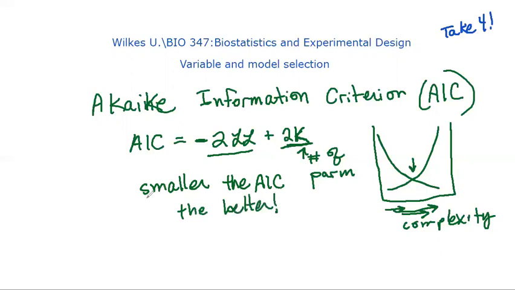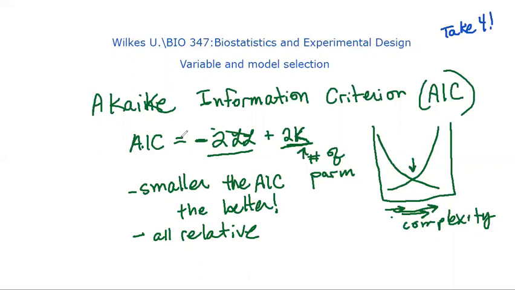And let's just say it's all relative, because we're letting models compete, and every model of varying complexity will have different AIC values. So we're letting models compete with each other to do their best explaining the dependent variable.